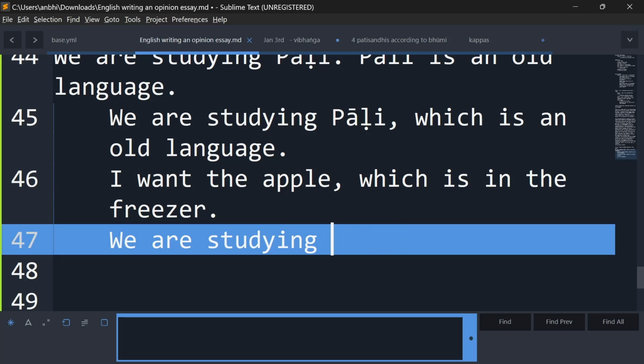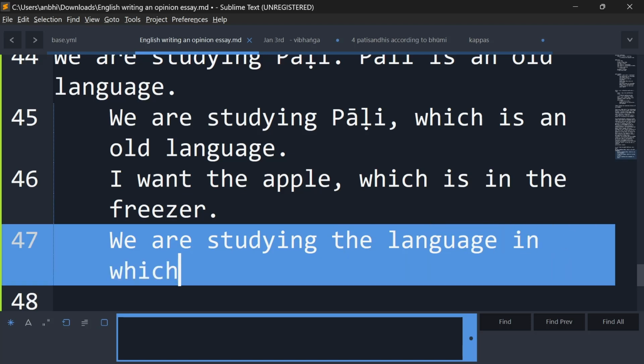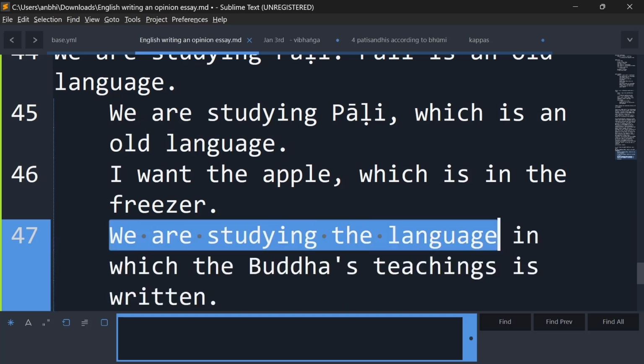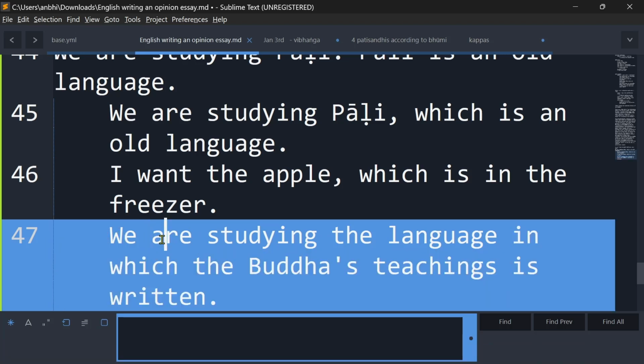We are studying Pali. We are studying the language in which the Buddha's teachings is written. You see? We are studying the language, okay.